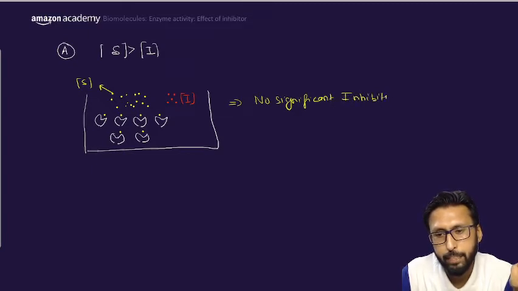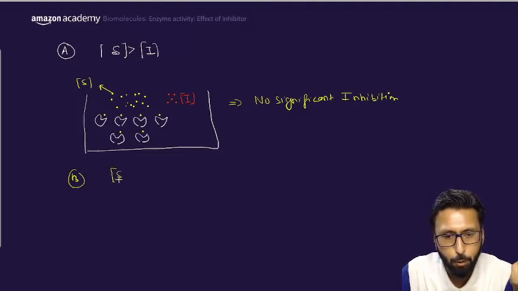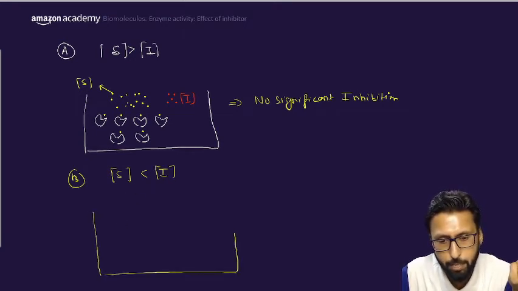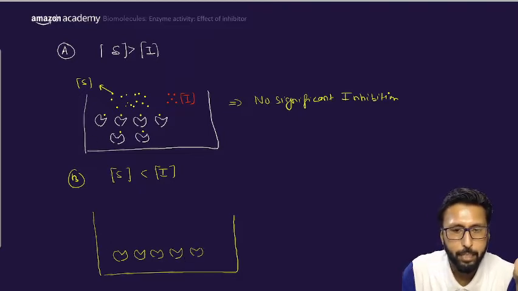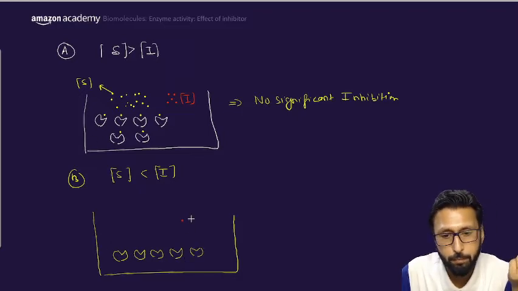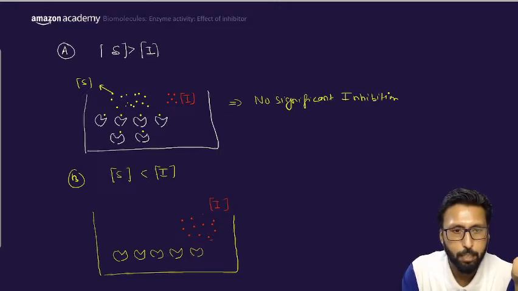But when it is in reverse condition, that is, we have more inhibitor as compared to substrate, okay. So again I'm going to draw the same vessel, and we have these enzymes like this. So these are the enzymes and now we have more inhibitors as compared to the substrate. Suppose these are the inhibitors, and less of the substrate.